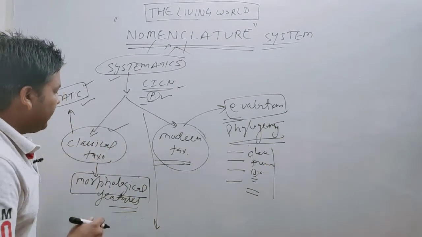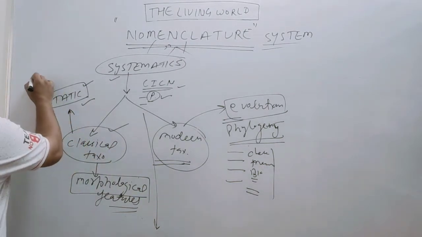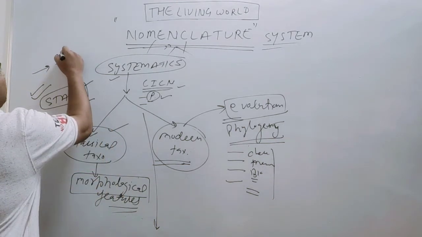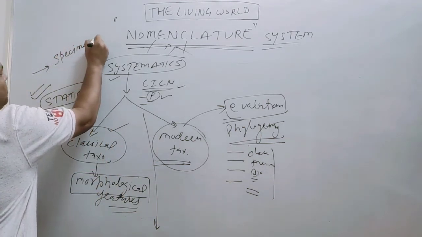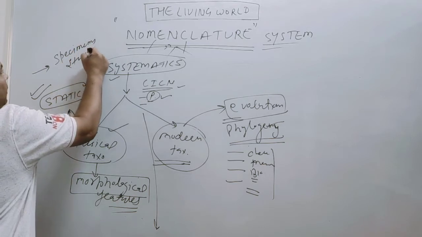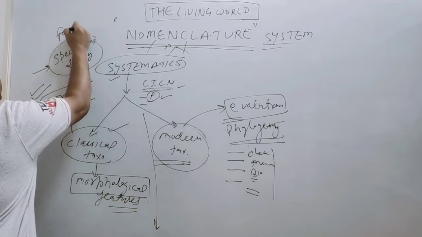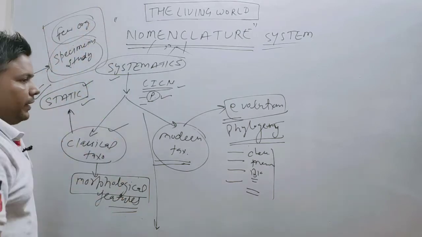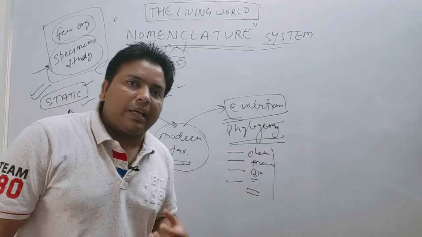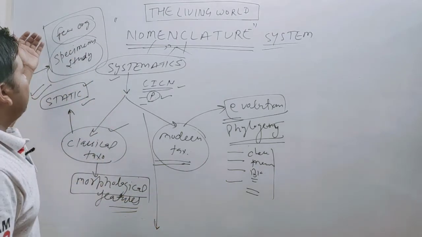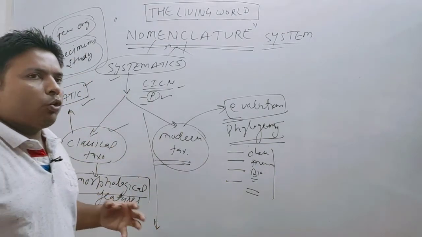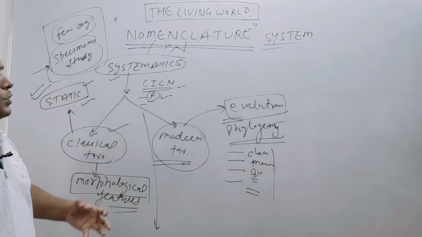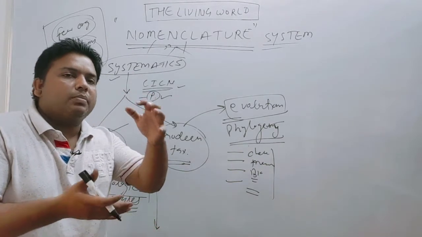One more difference is there. This classical taxonomy involves study on the basis of specimens, or it includes a few organisms for the study. If we want to identify or characterize one organism, then only a few organisms are required to study, and we can also do the study with the help of specimens, which are stored, kept in bottles.